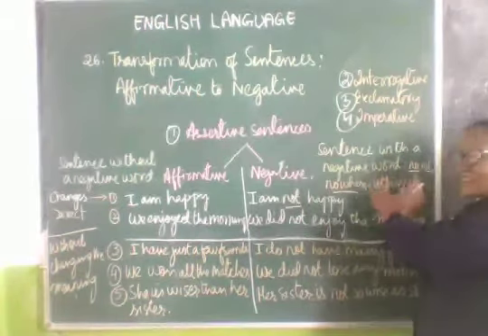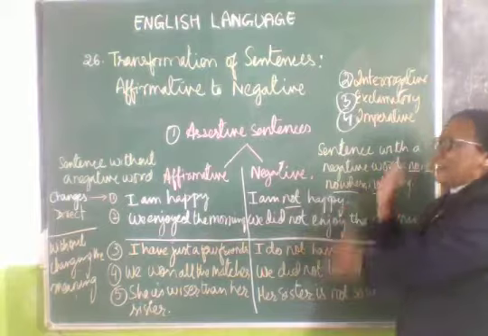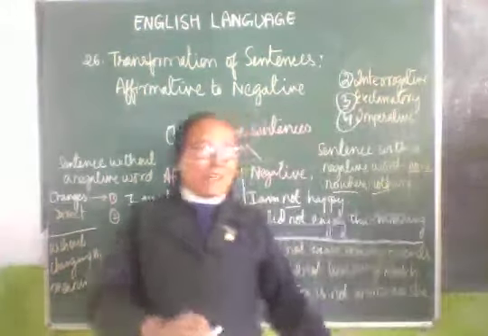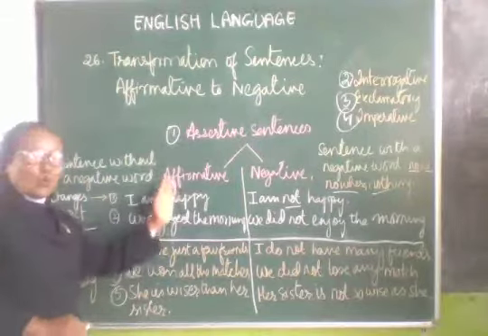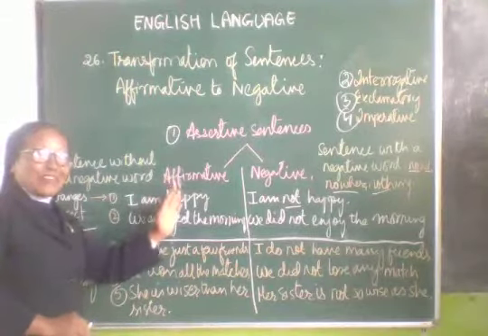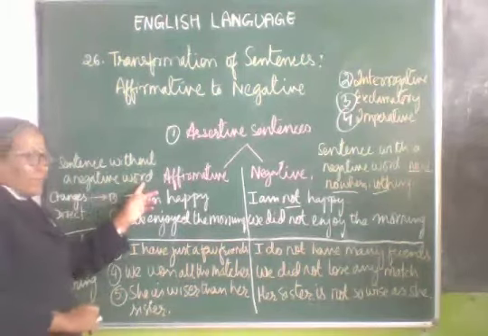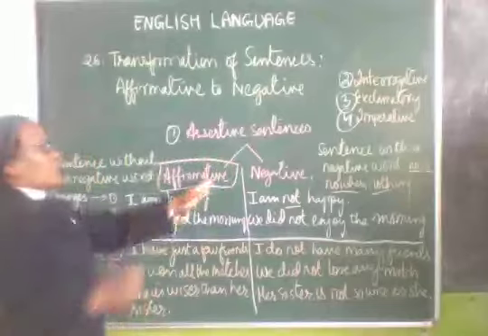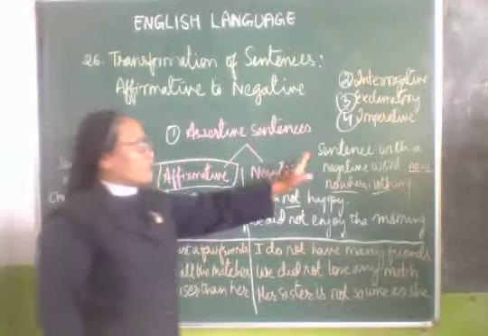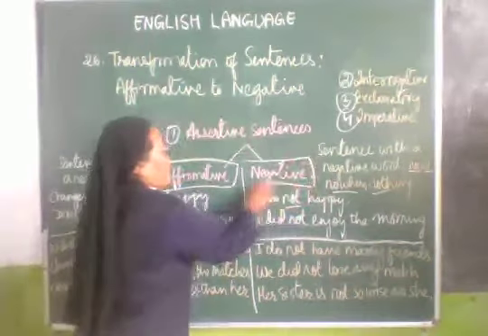When you don't use these words, no, not, never, seldom, hardly, then your sentence is affirmative, okay? Your sentence is affirmative without a negative word. A sentence without a negative word is affirmative, and a sentence with a negative word is, of course, negative.